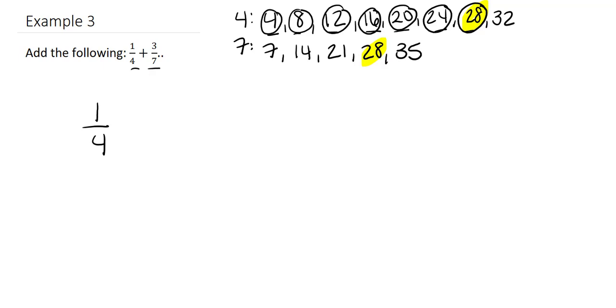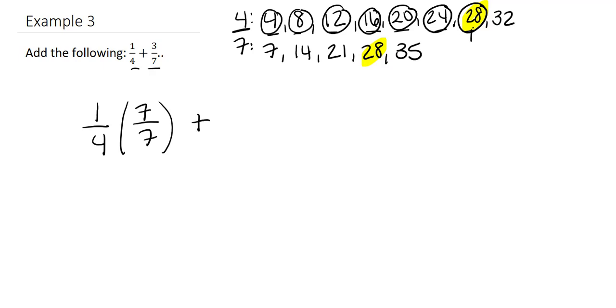Because every time we go up, we're just increasing it by 1. So if we did 4 times the number it takes, so 7, that would equal that number. So what we're going to do is put 7 over 7. Then we have 3/7.